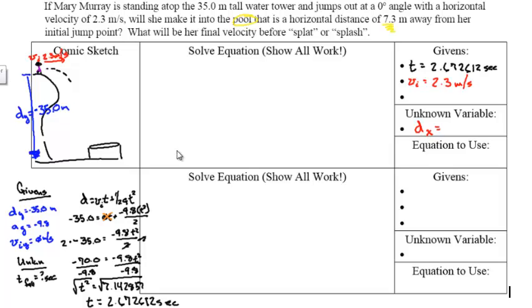And I know that when Mary jumps, her velocity is still going to be 2.3 meters per second. Is she speeding up? Is she slowing down? Is she accelerating in the x-axis? Nope. 0 meters per second squared.